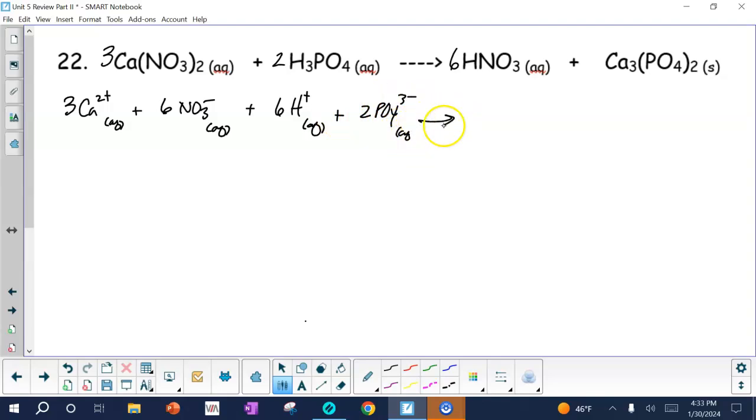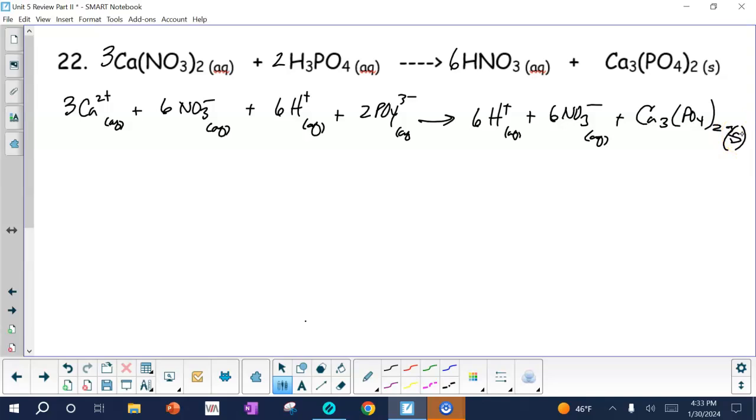So there's all of our reactants. For the products, here's the aqueous ones. We have 6 hydrogens that are aqueous. We have 6 nitrates that are aqueous. And then calcium phosphate is your solid, so it stays together. There's your S. Okay? All right.